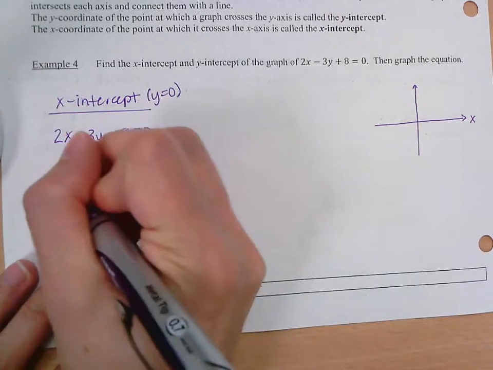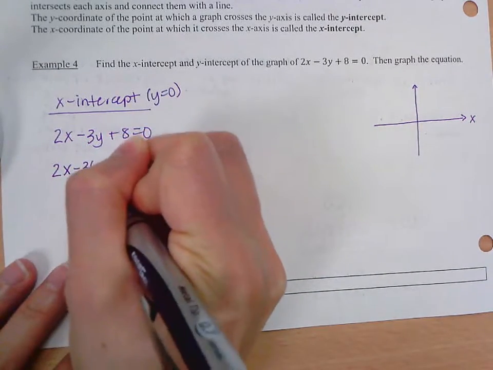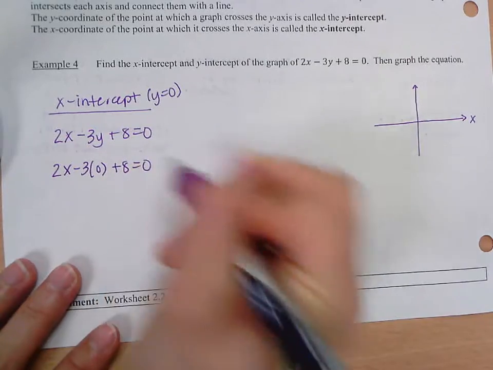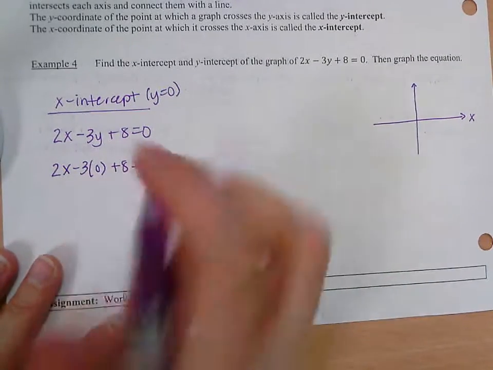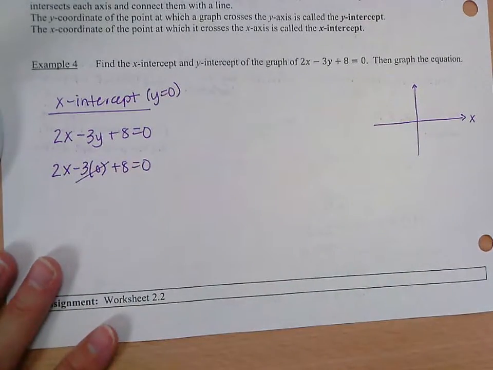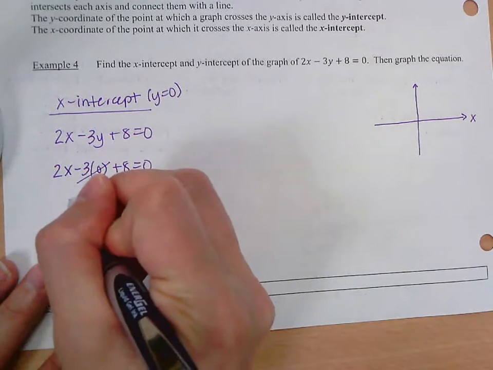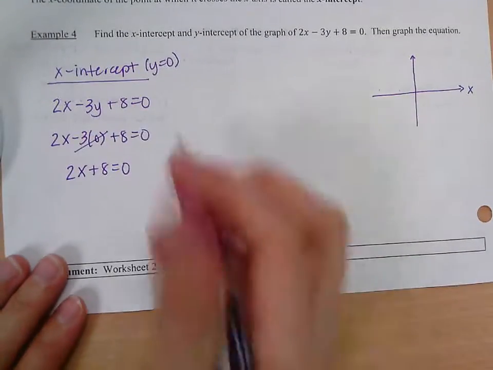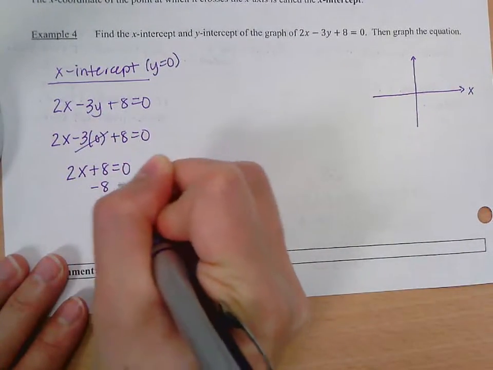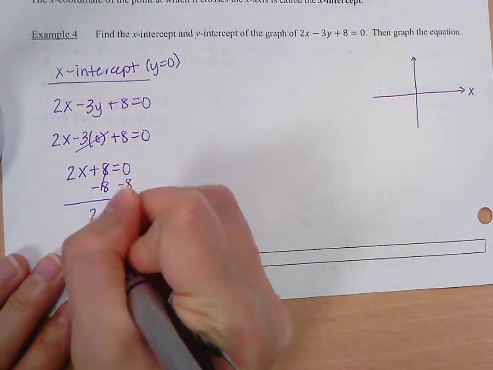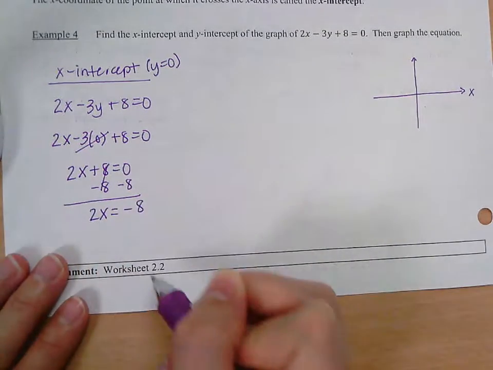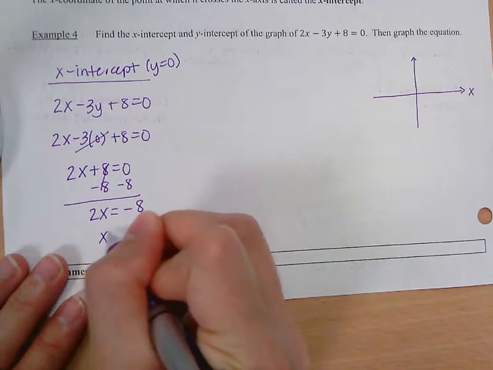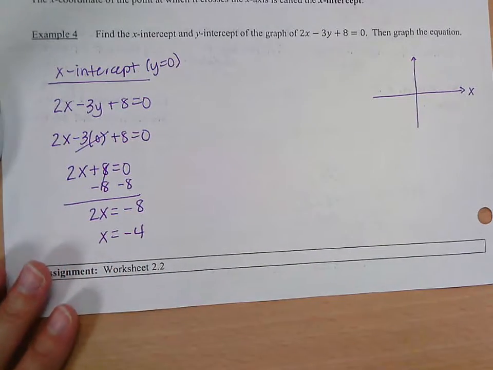So if I put 0 in for y, 2x minus 3 times 0 plus 8 equals 0, then it does make that term just go away, because anything times 0 is 0. So I really just have 2x plus 8 equals 0. Solve for x. So subtract 8, 2x is negative 8, divide by 2, so x is negative 4.